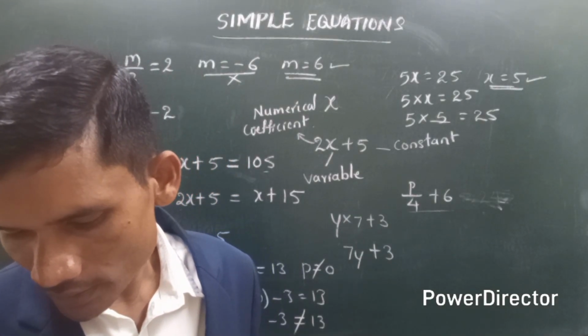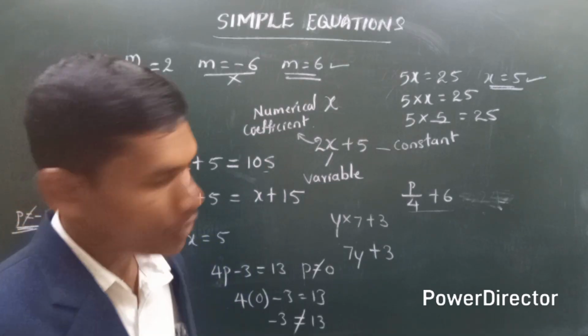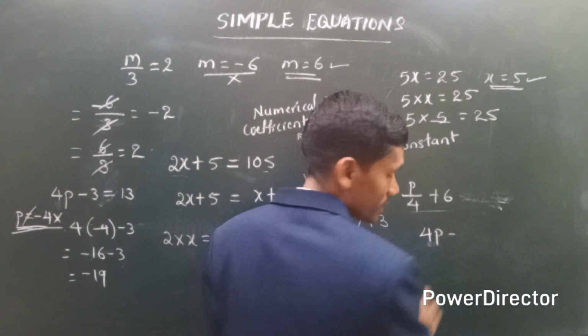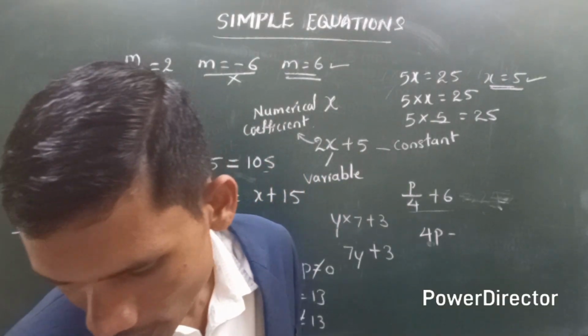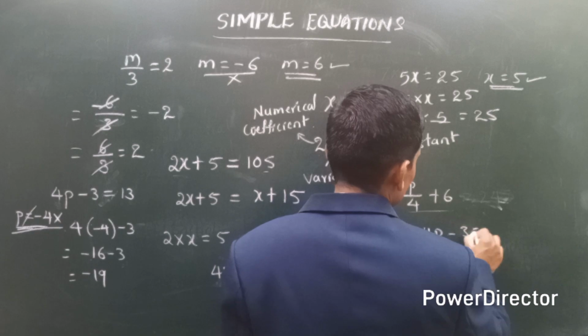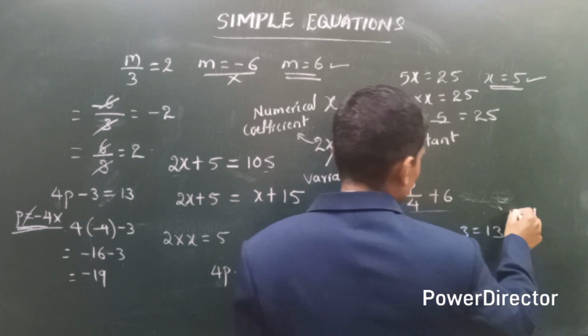Next, 4p minus 3 equal to 13, and p equal to 1. You check it for p equal to 1.